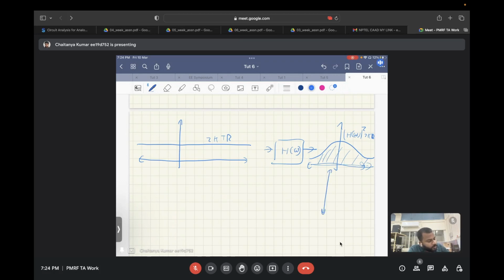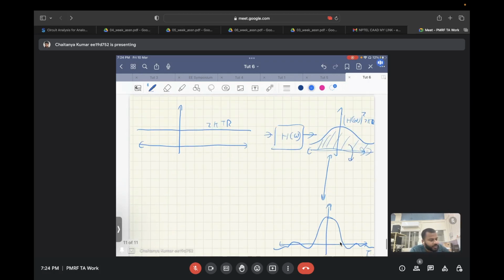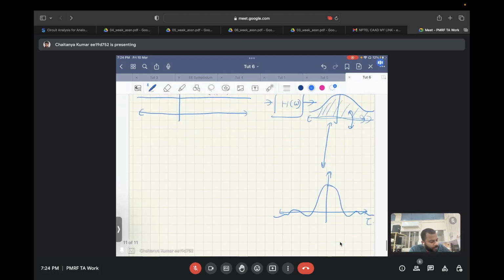Its Fourier transform will be some autocorrelation function, and the autocorrelation function for a real system will be symmetric, something like this. Here is tau. The power is basically the integral of the complete power spectral density. In the time domain, which quantity of this autocorrelation function signifies the power? Can you comment on that?